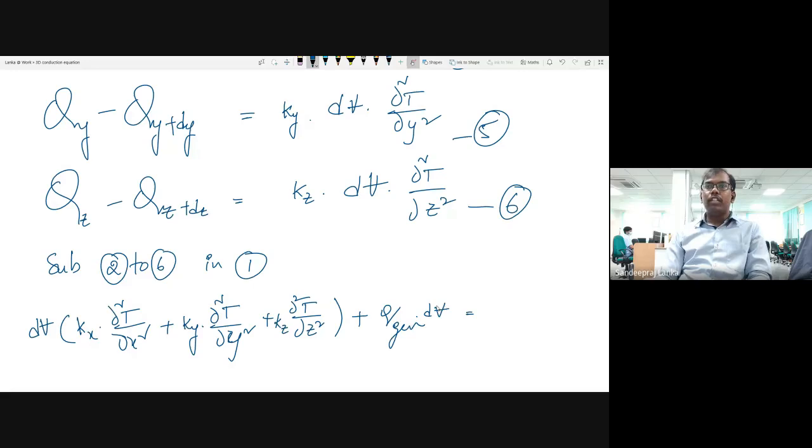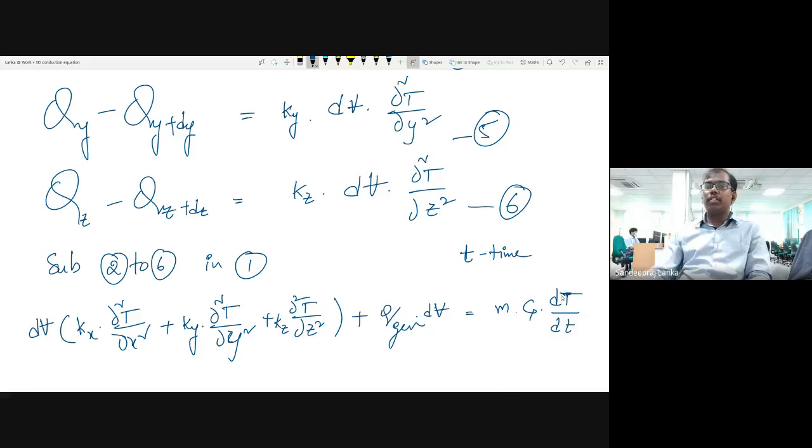Now, equation number 3 will give you this value as m cp into dt by d small t. See, what is the small t here? Small t is your time. Capital T is your temperature.